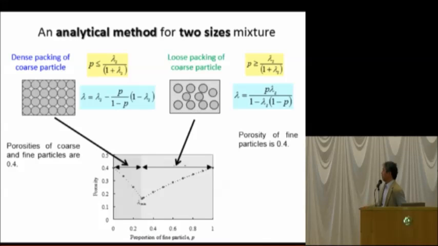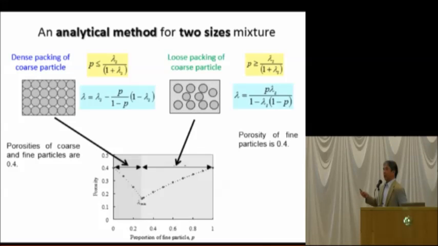And if P equals 1, there are no coarse particles, only fine particles, and if that porosity is 0.4, the plot is here. When P is increasing from 0, that means the fine sediment occupies the void of the coarse particles, so the porosity must decrease like this.